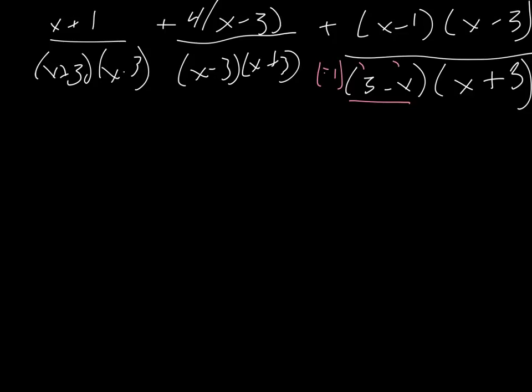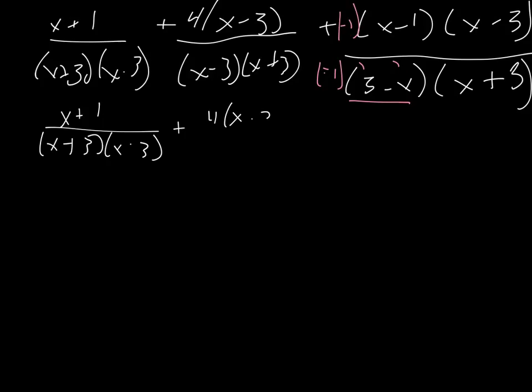But I can't just do that to the bottom. I'd have to also do it to the top, so I'd also have to multiply the top by negative 1. Okay, so then let's rewrite what we have so far. I would have x plus 1 over x plus 3, x minus 3, plus 4 times x minus 3 over x plus 3.